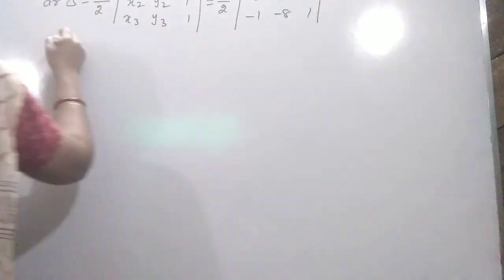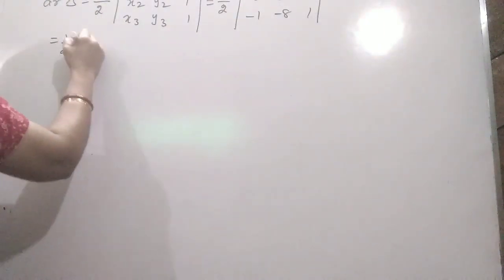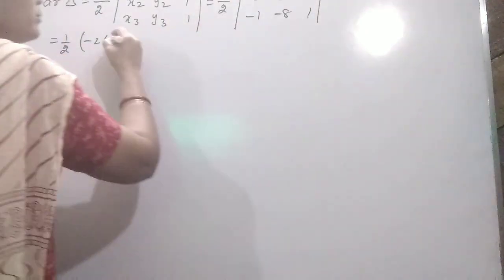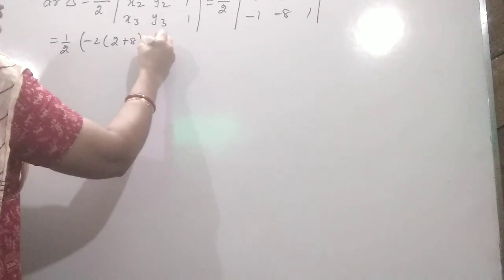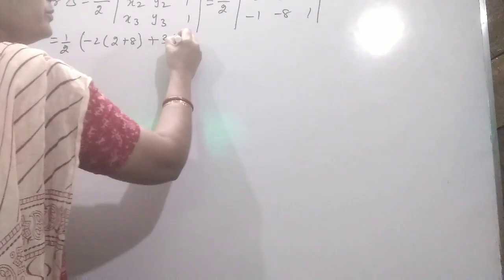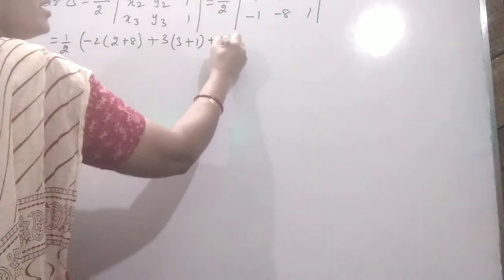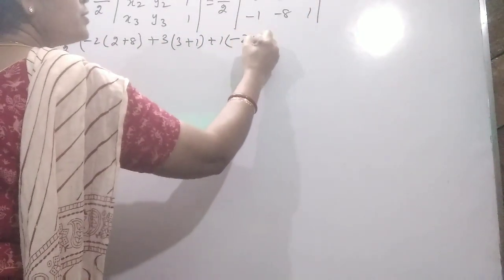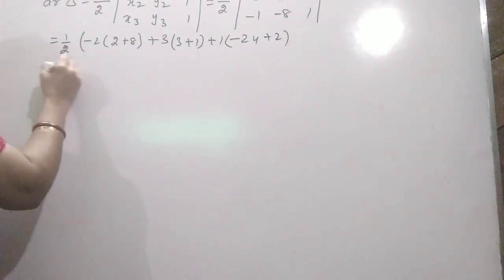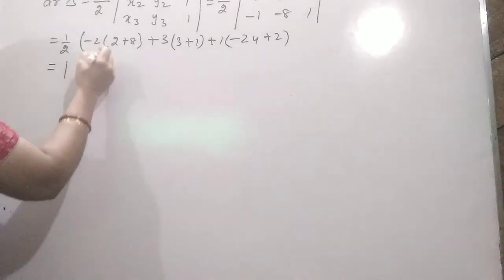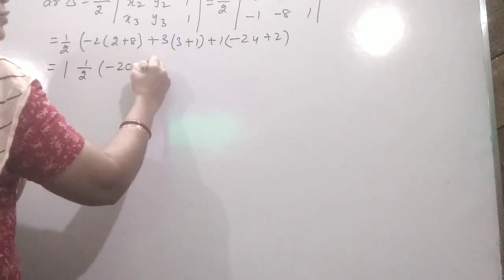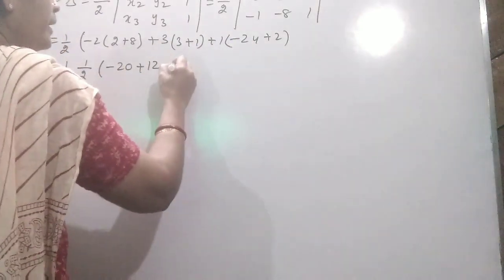Now if I open this, that is equal to half into, you know how to open this. Minus 2 into, deleting the corresponding row and column, 2 plus 8. You have to do the calculation very carefully. Minus minus plus 3 into, deleting the corresponding row and column, 3 plus 1, and then plus 1 into, deleting the corresponding row and column, minus 24 plus 2. So the final answer, I'm writing modulus, is half into 10 minus 20, and then 4 plus 12, and then 22 minus 22.